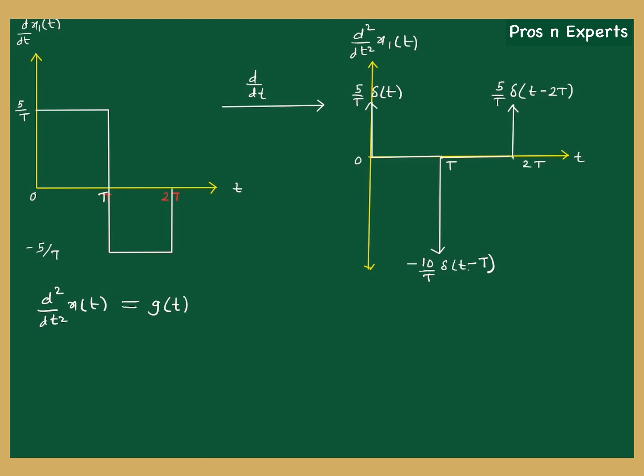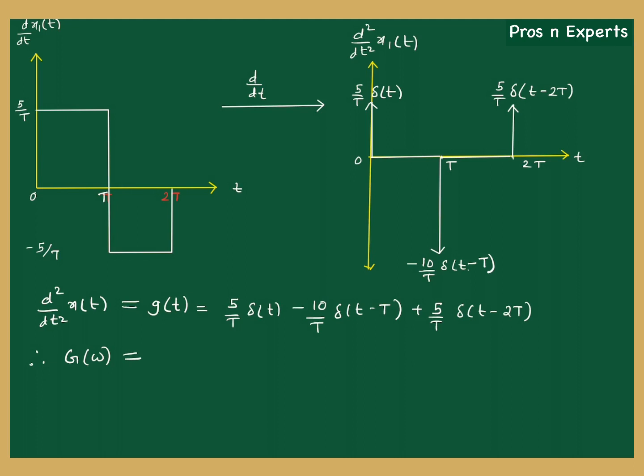I can name it some g of t, which is equal to 5 by t into del of t minus 10 by t into del of t minus capital T plus 5 by t into del of t minus 2 into capital T.